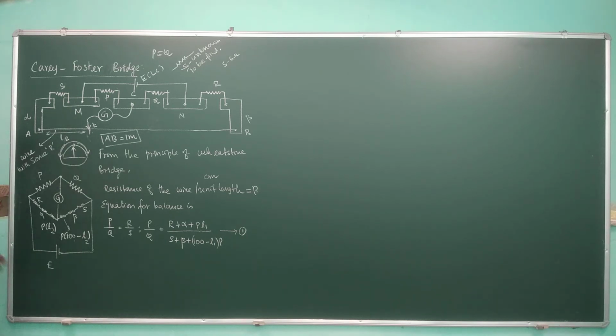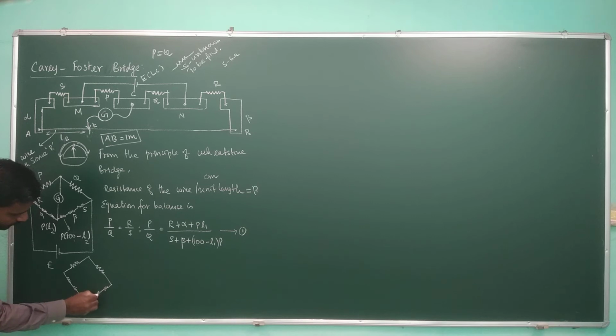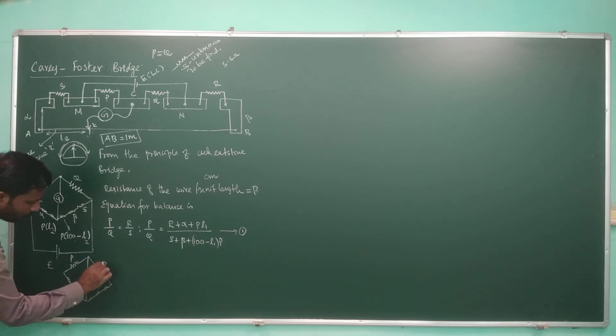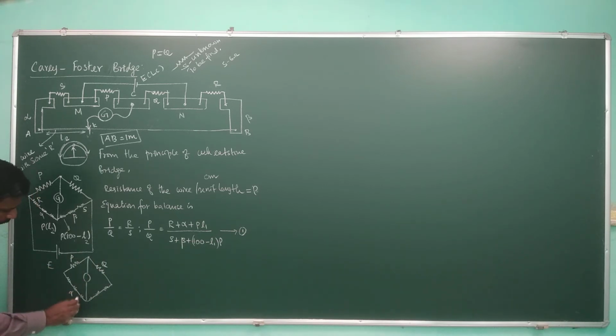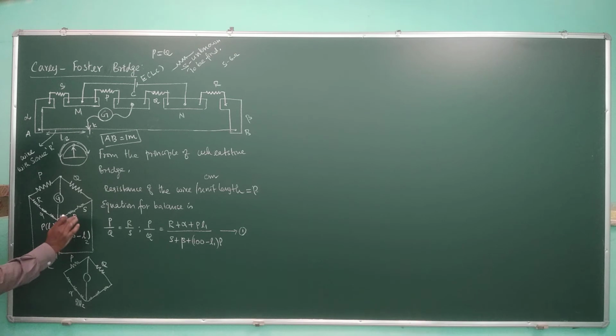Let me draw this diagram again. This P and Q won't change, alpha won't change, right? And rho L2. Let us assume that this is for the first diagram, first case.